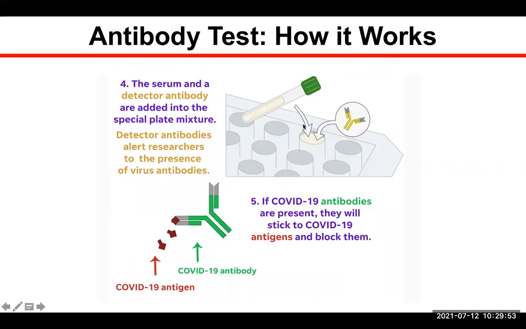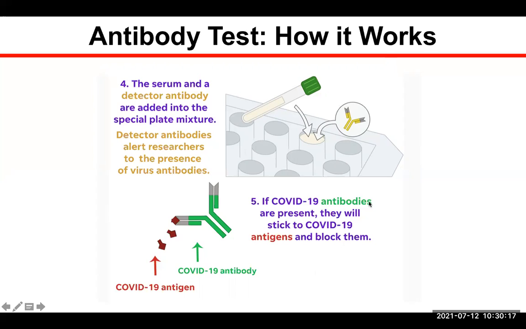After that, you come in with another kind of antibody called a detection antibody, and that detection antibody is going to recognize your IgM or your IgG. The main point of these detection antibodies is so you can see some kind of light or color reaction occur.